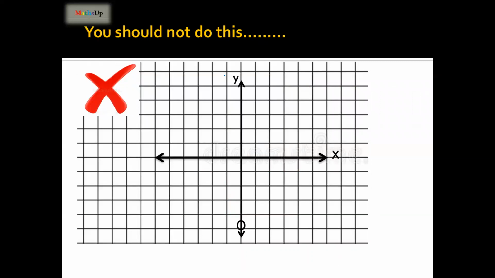Another mistake some few children are doing is, when you scale the coordinate plane, do not scale the coordinate plane like this. If you take the x-axis, you can see the right side of the x-axis is correct. After 0, 1, 2, 3, 4, that is correct.